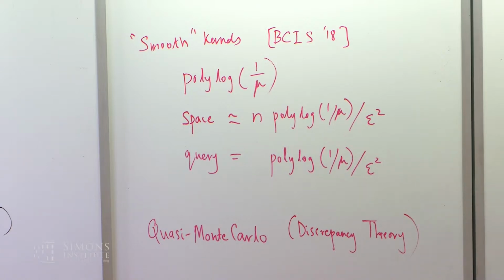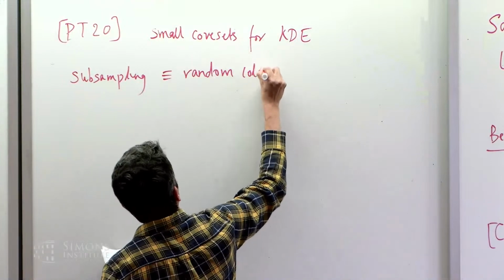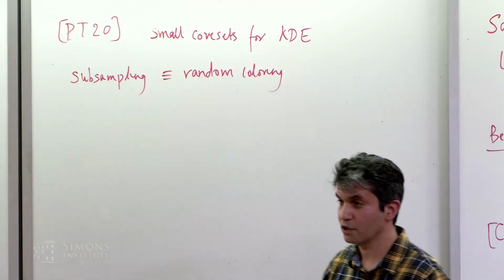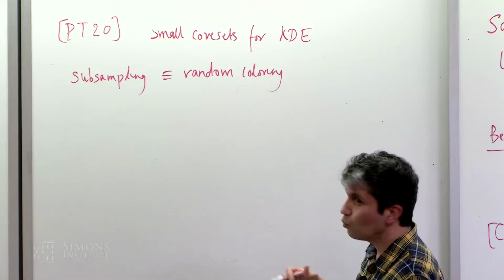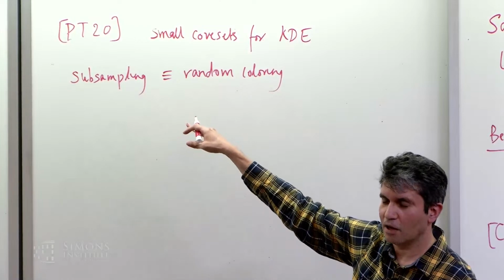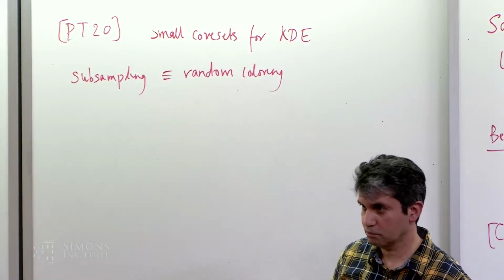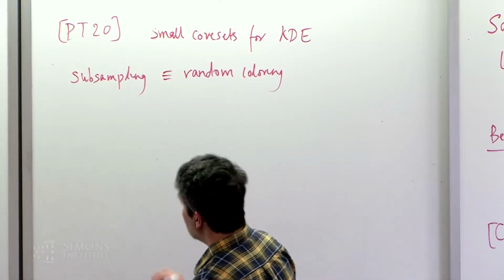Each time we go down by a factor of half, we view this subsample as being obtained from a random coloring. Imagine assigning colors +1, -1 in some clever way. Now we'll analyze the properties of this coloring, and from that we'll get some guarantees on the kernel density problem. That's very high level, but I'm going to give you some more details.